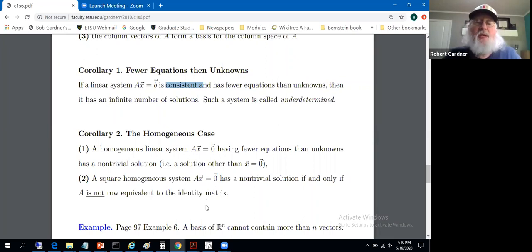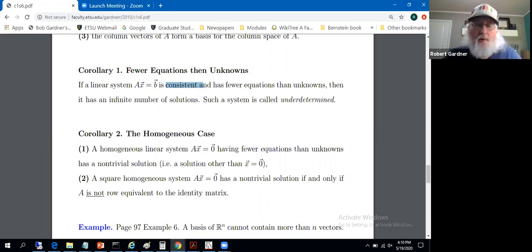If not row equivalent to the identity matrix, something goes wrong. Probably pivot-free columns. This is a consistent system, so it'd be pivot-free columns. That means free variables. That means non-trivial solutions, more solutions than just x vector equals the 0 vector.